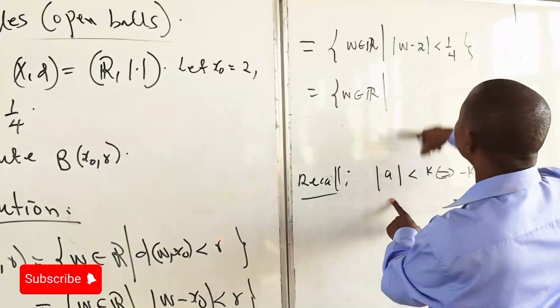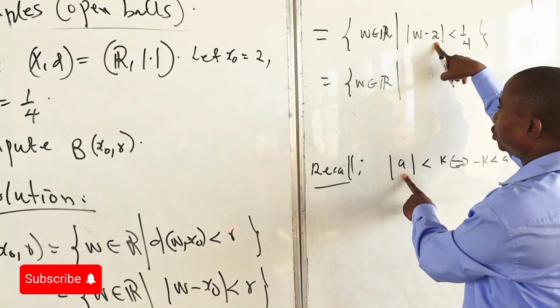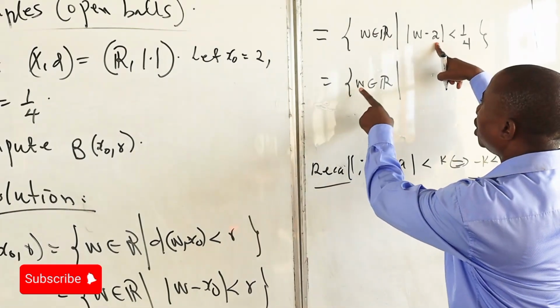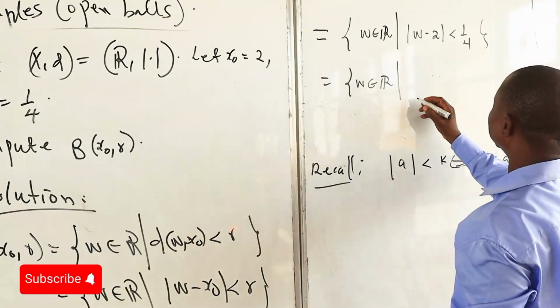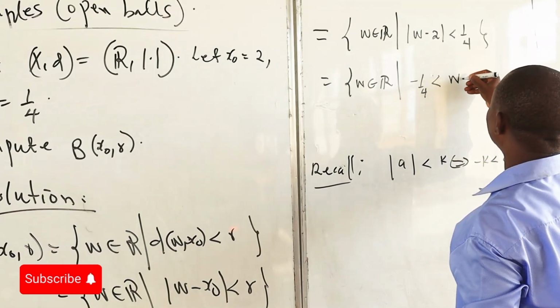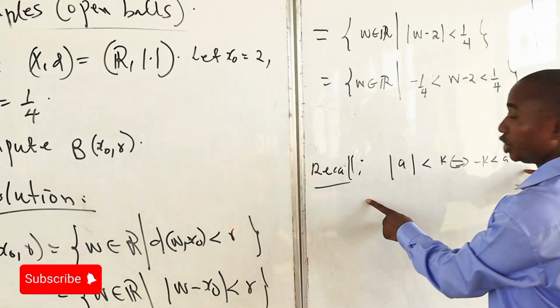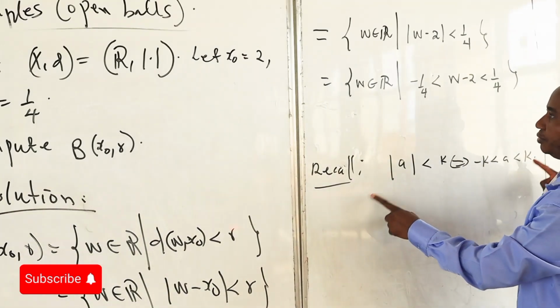So we're going to apply this. Our a in this case is w minus 2. So I'm going to write this as all w in R such that minus 1/4 is less than w minus 2, and this is less than 1/4, in keeping with this property of absolute value.